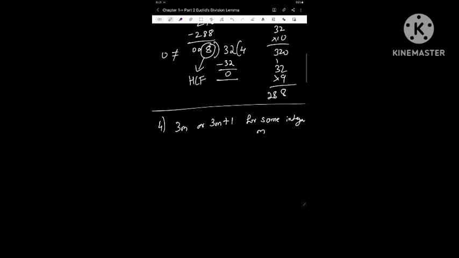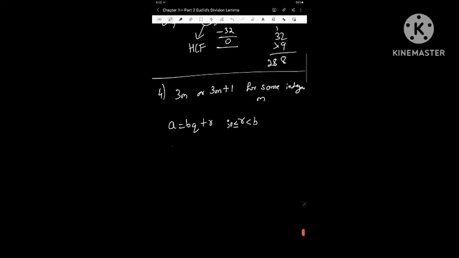m. Right. So what does Euclid's division lemma say? First we have to write that. That is a equals bq plus r, and the condition for r is r should be greater than or equal to 0 and should be less than b. Right. So now let's take b as 3. Okay.